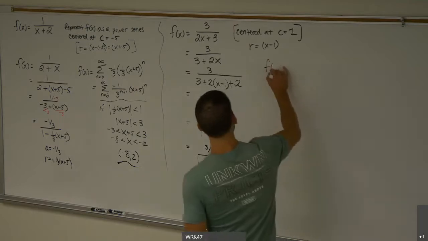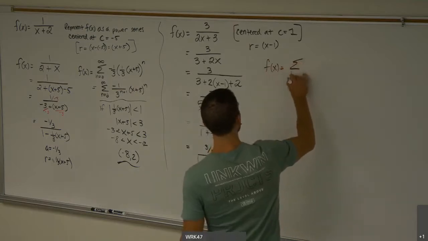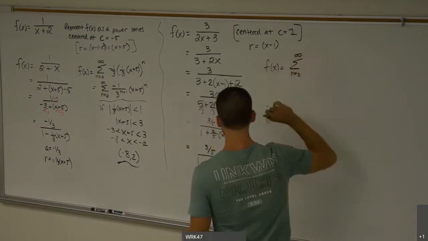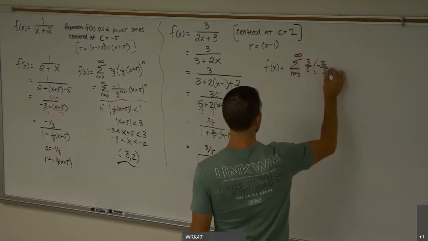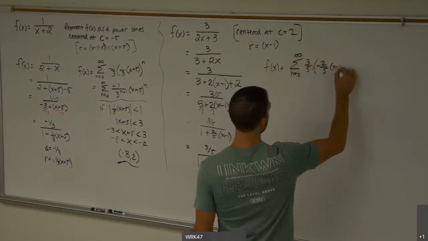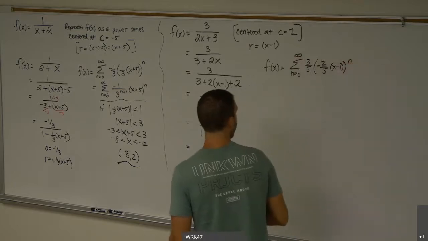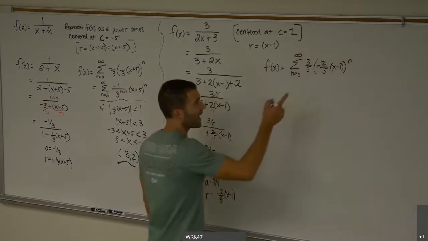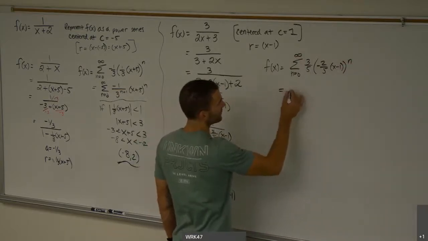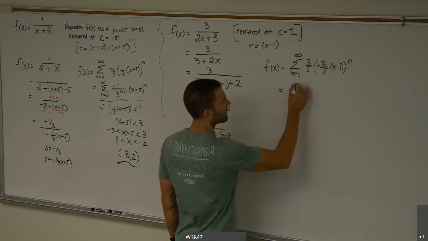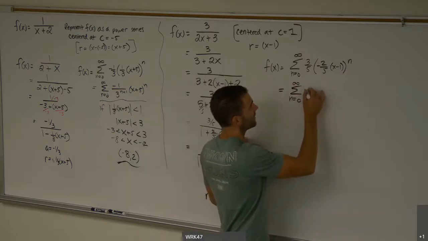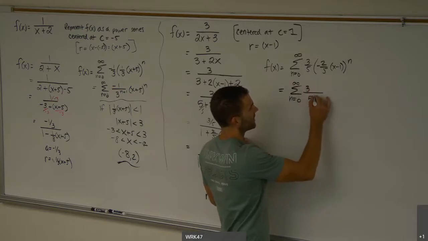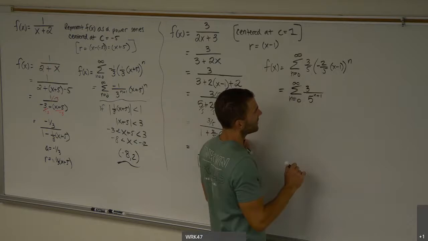And so that means f of x now can be written as this infinite polynomial, centered at 1, the sum of 3/5 times negative 2/5 (x minus 1) to the n. I'll bring out that negative 2/5. I'll break up that nth power over even the negative sign as well. So I'm going to get this as 3 over 5 to the n plus 1, because I have a 5 and a 5 to the n.